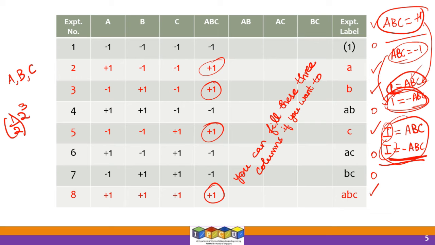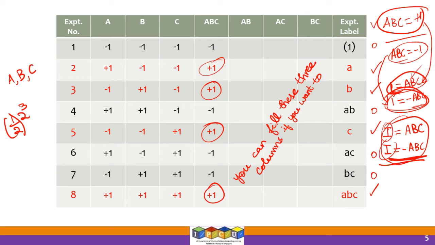The 3 factors should be there, but I want to do only half of the full factorial simply because I have resources only to do those 4 experiments. The question is, which 4 of these 8 experiments are to be done? Whenever you do fewer experiments, we have to be prepared for some loss in information. Which 4 of the 8 experiments will lead us to the minimal loss in information?